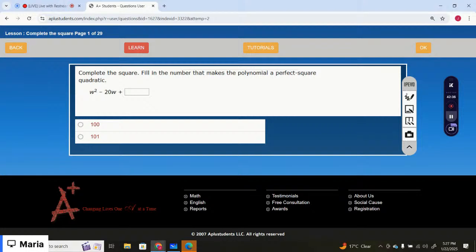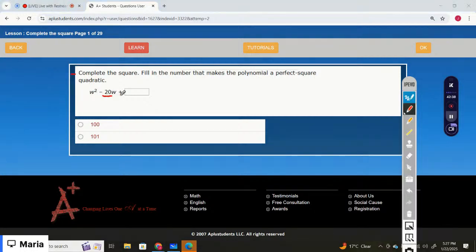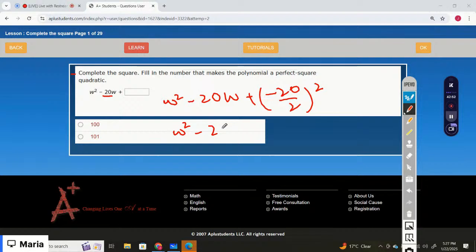Complete the square. W square minus 20w plus negative 20 over 2 square. W square minus 20w plus 10 square.